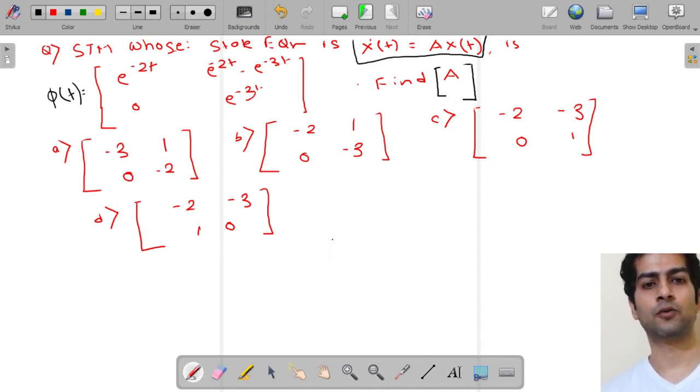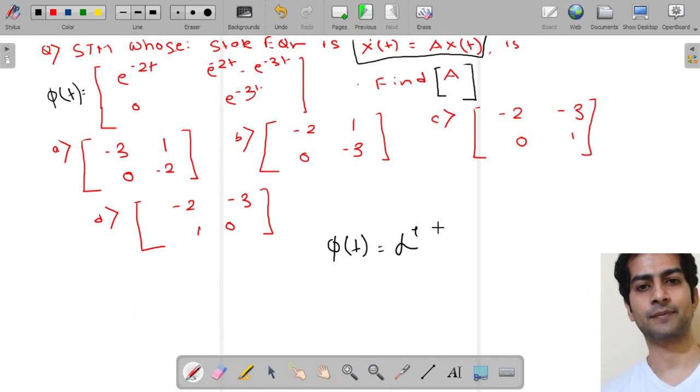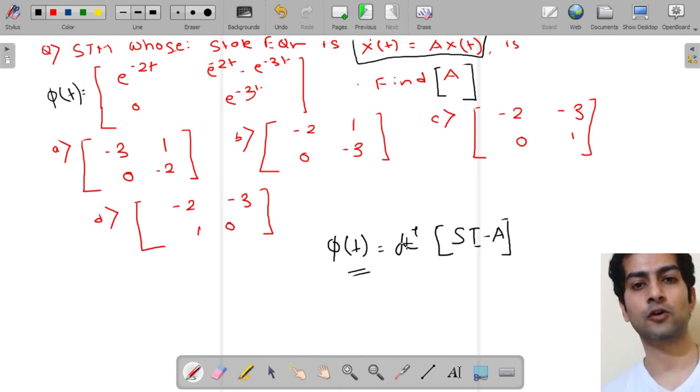What we know is that phi t is equal to the inverse Laplace transform of (sI minus A) inverse. If we go by this method, a lot of time will be required to solve this question.